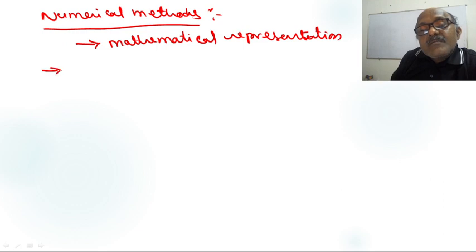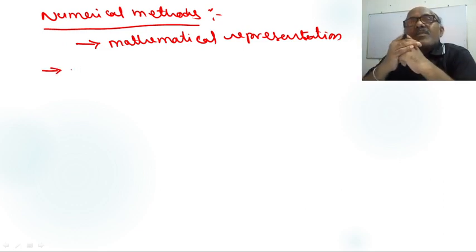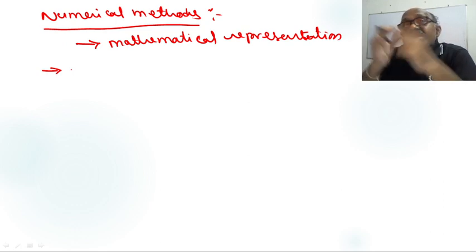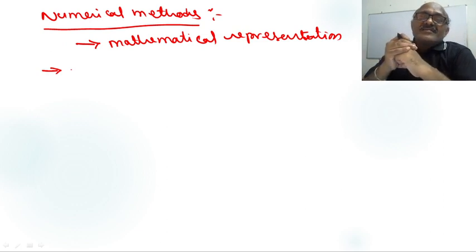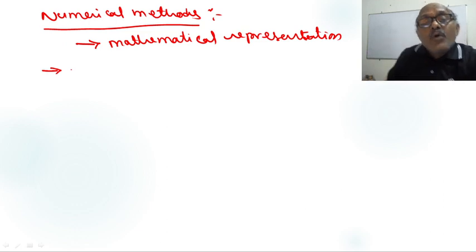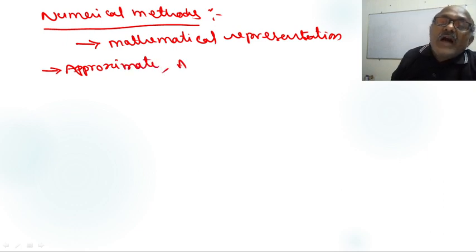Here also, this numerical method is based upon some assumptions. It also gives approximate results, my dear students. So, assumptions are made here.